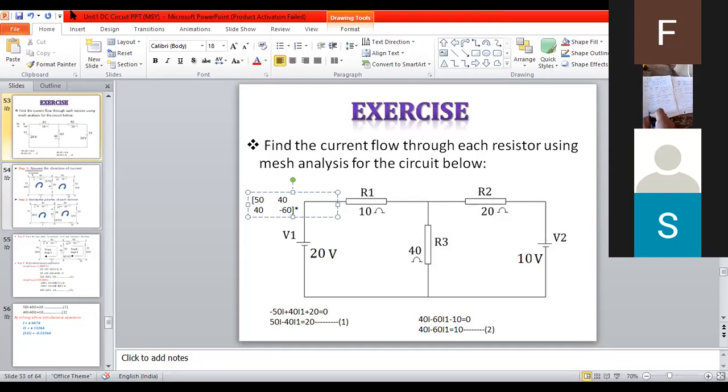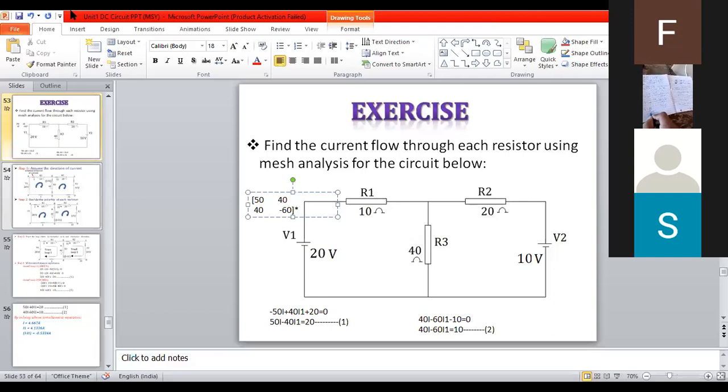What is the unknown value? I and I1 we have to calculate here now. I equal to delta 1 by delta. I1 equal to delta 2 by delta. What is delta 1? Minus 800 divided by minus 1400.